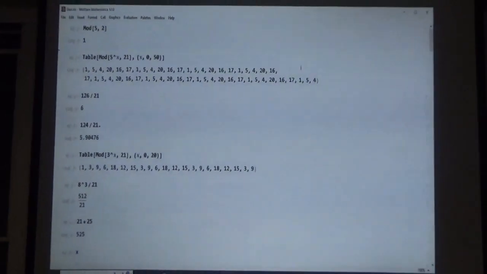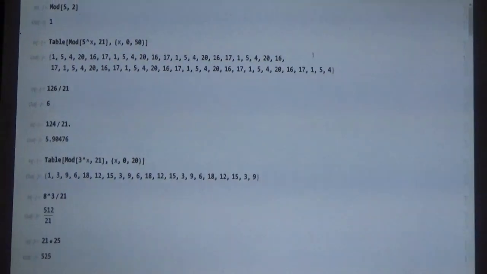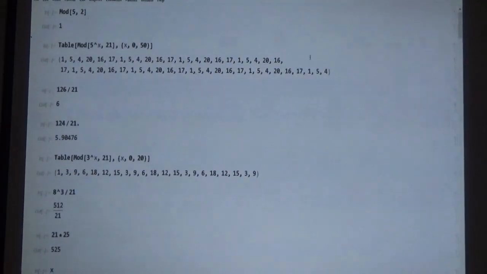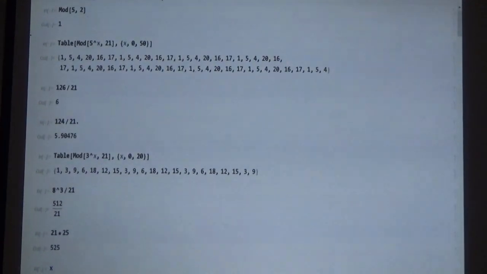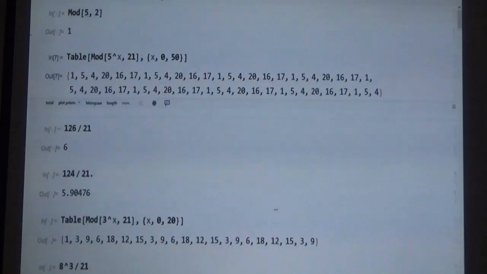Alright, so first of all, is this all visible to you? The font is not too small? So I made this mathematical notebook. If you look at this row here, just for your convenience, let me make this a bit bigger.